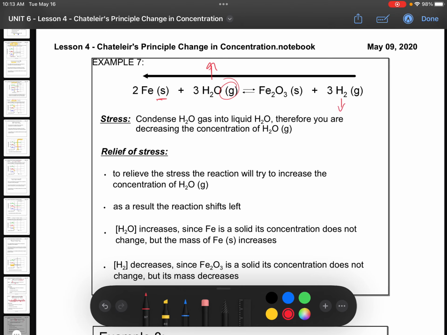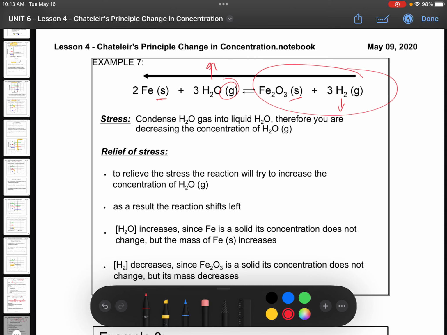So in a situation like this, we have our H2, this is decreasing. We have Fe2O3, this is also a solid. The concentration of it doesn't change. It's still going to be concentrated as much as possible, but the mass is going to decrease.